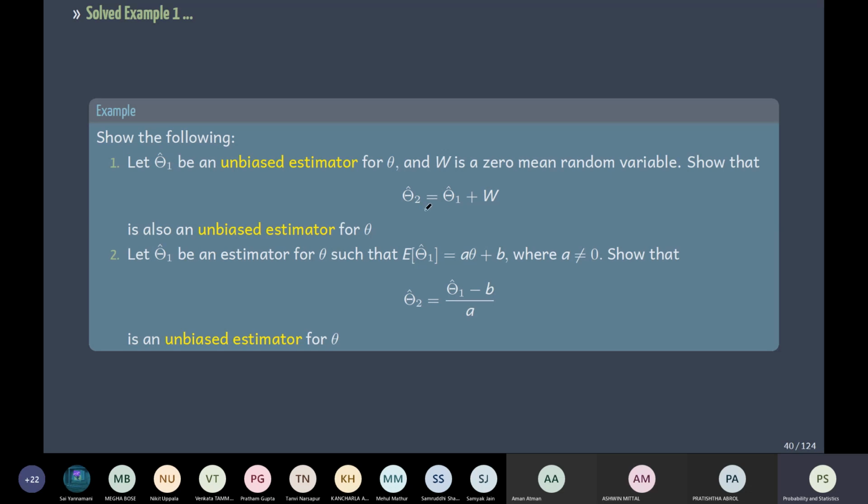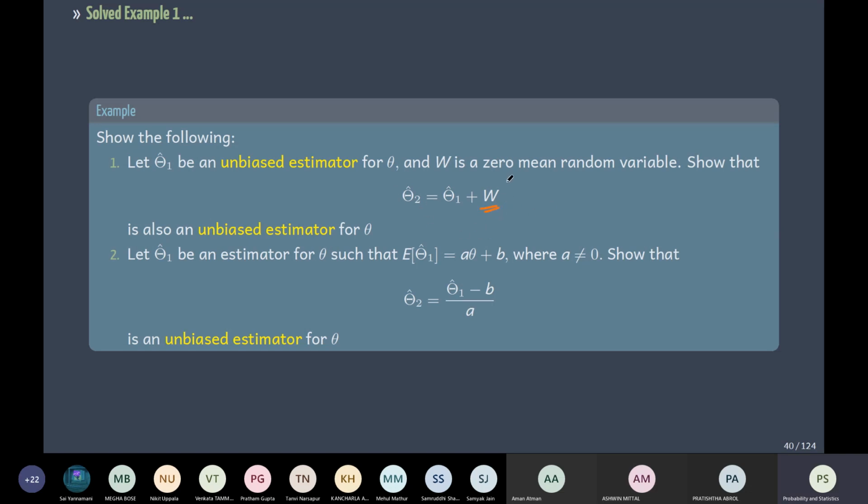Then this is an unbiased estimator for theta. You take the expectation of this minus theta, but due to linearity, this expectation is zero anyway. And this is an unbiased estimator of theta anyway, so this also is going to be an unbiased estimator of theta itself.